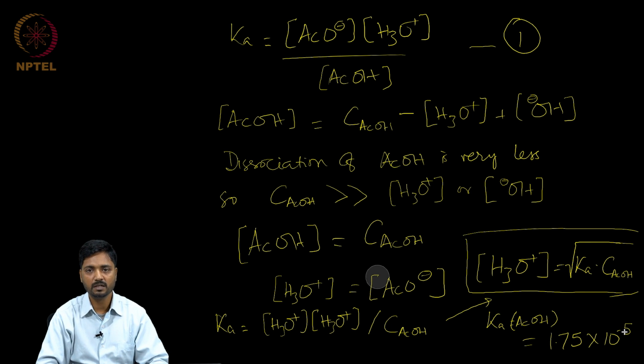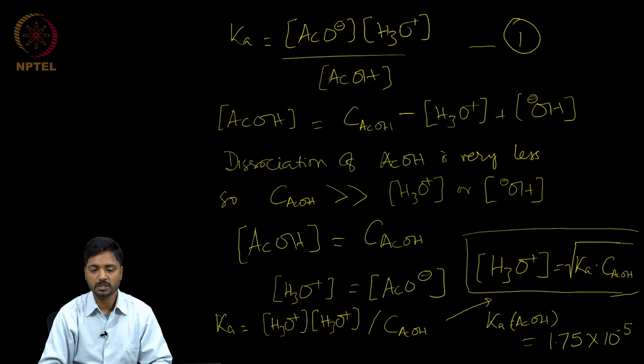So, indeed it is a weakly dissociating acid. Now, with the Ka value and the concentration of acetic acid originally taken available to us, it would be straightforward to calculate the hydronium ion concentration of this medium. So, let us do that.